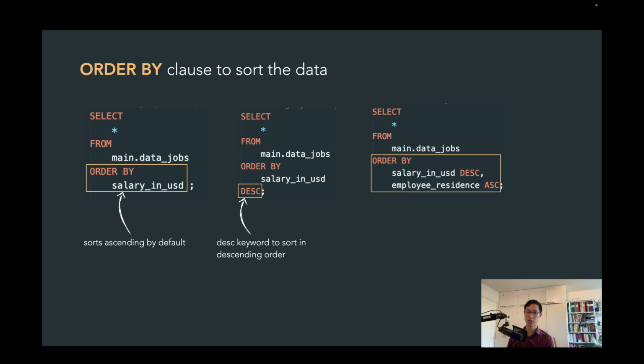You can also order by one column descending, and if there's a tie between two records, then you pick the second column and sort by it. Here we have chosen ascending, so basically alphabetically.